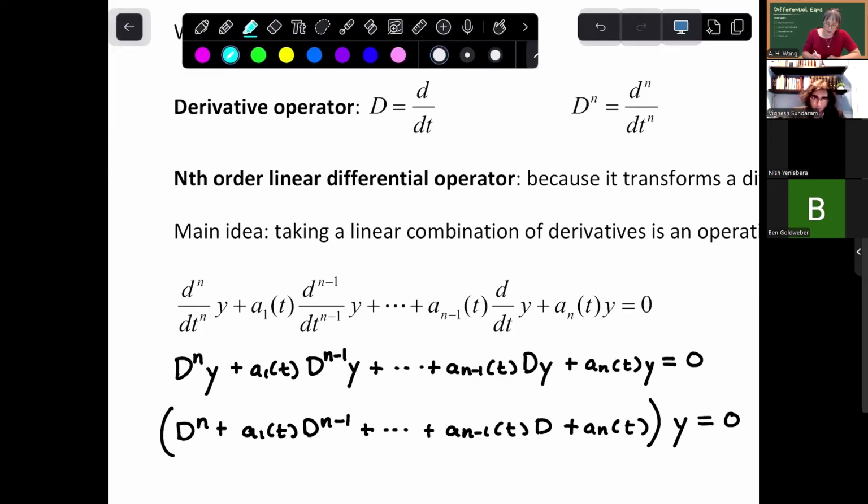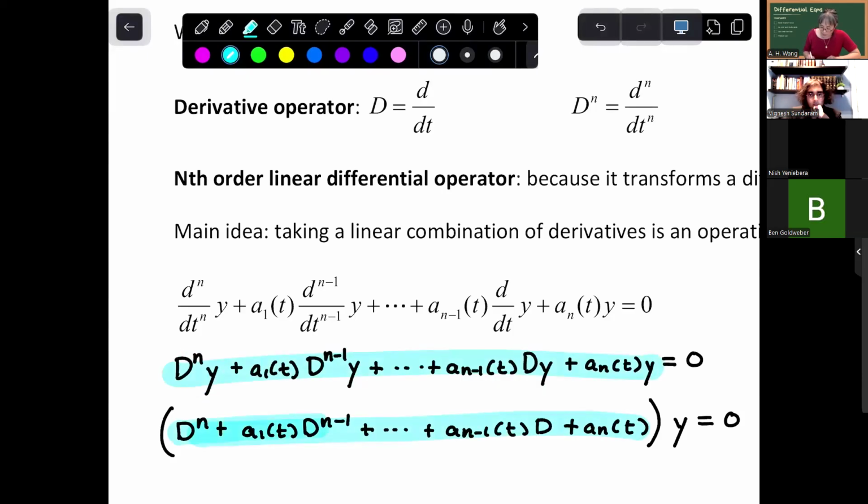This over here means take the nth derivative of the y, take the n minus first derivative of y, and multiply that with a1. Take the derivative of the y and multiply it with this. Then take the 0th derivative, which is not doing anything, and multiply it with that. So when we write this, we mean this.